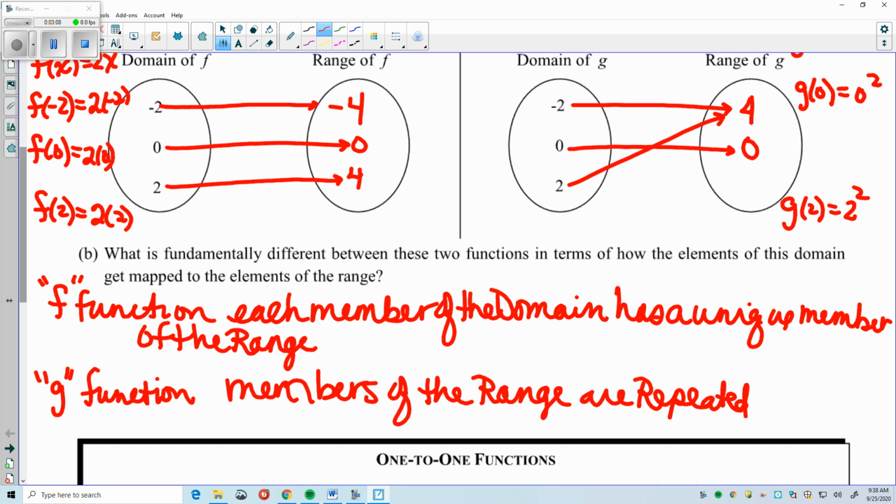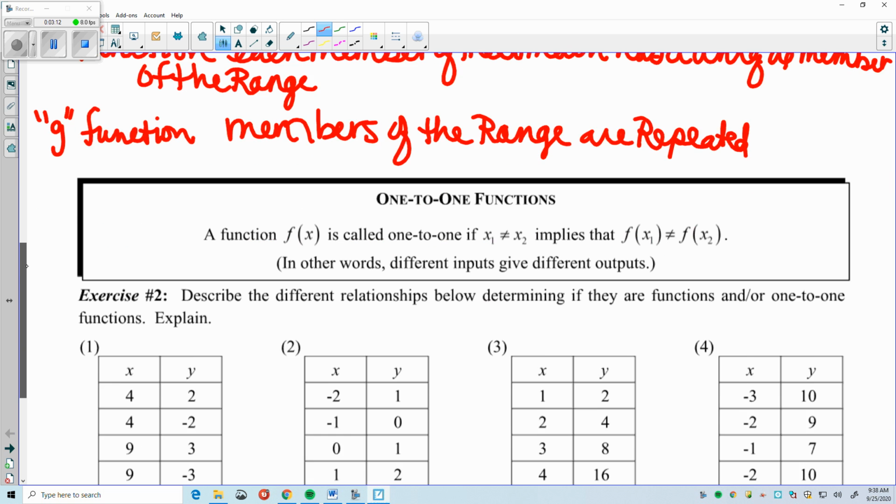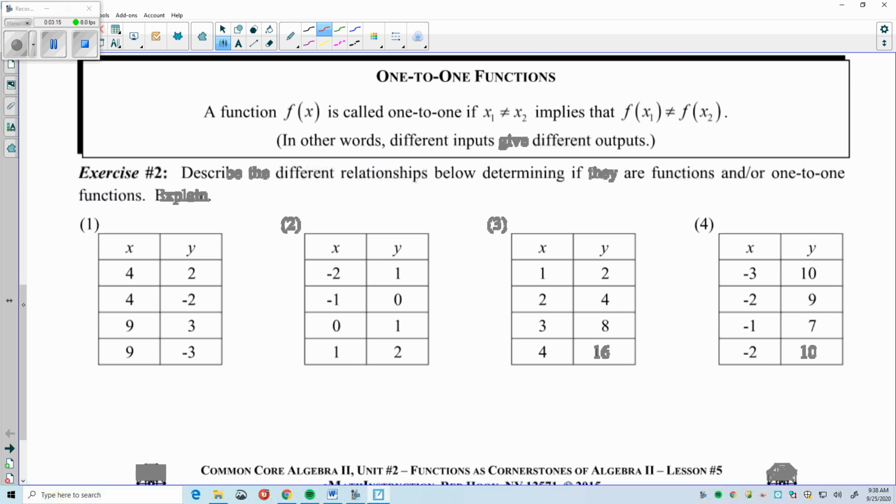Okay. So that brings us to this whole concept of a one-to-one function. What really is a one-to-one function? A function is going to be called one-to-one if two different x values, when I plug them into the function, give me two different values. In other words, different inputs get different outputs.